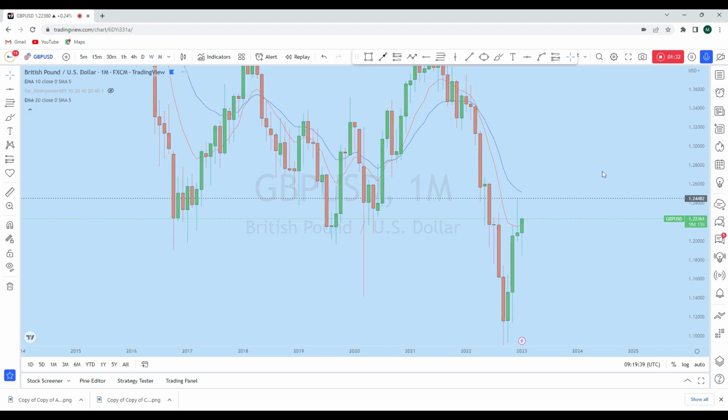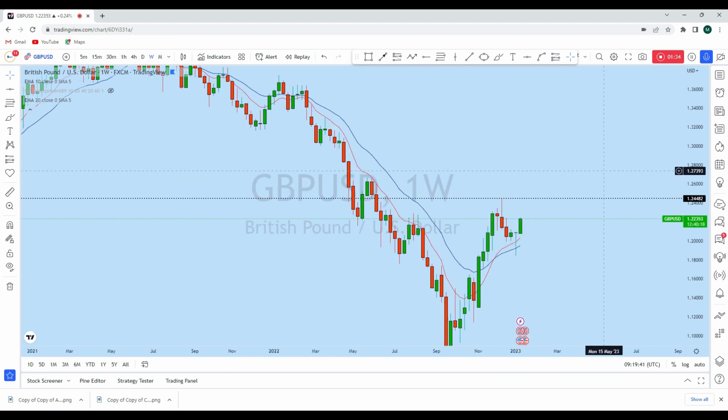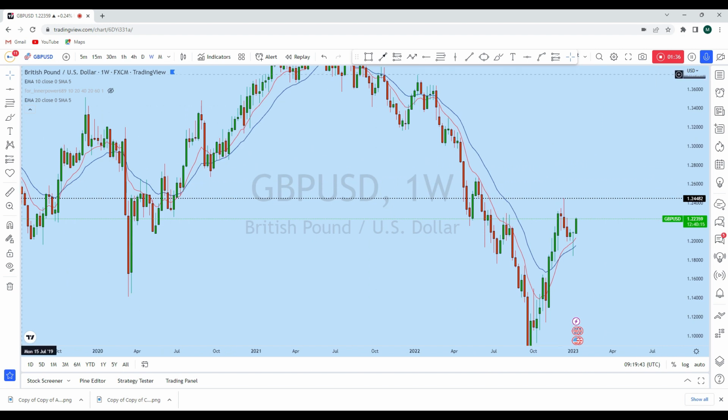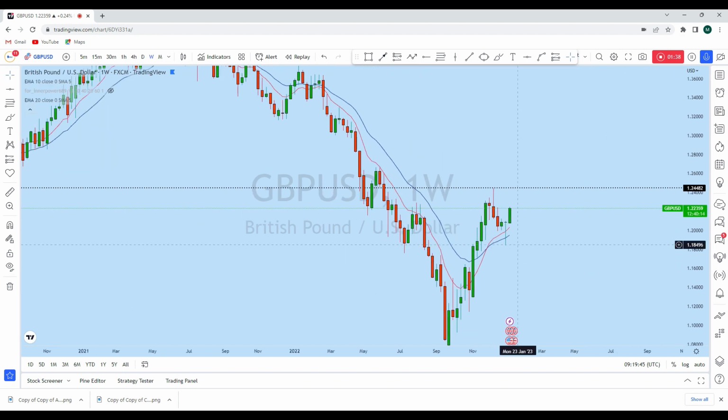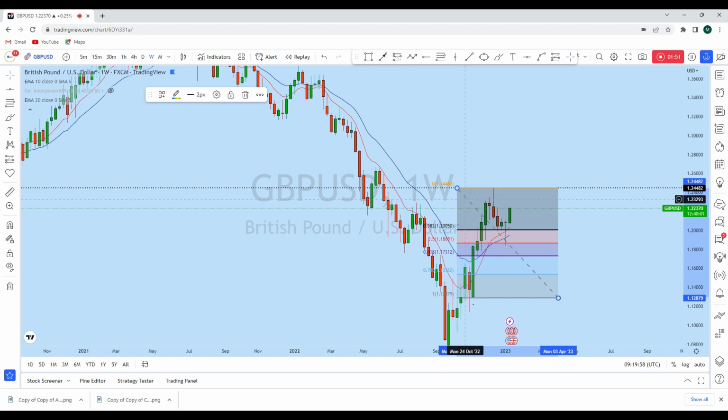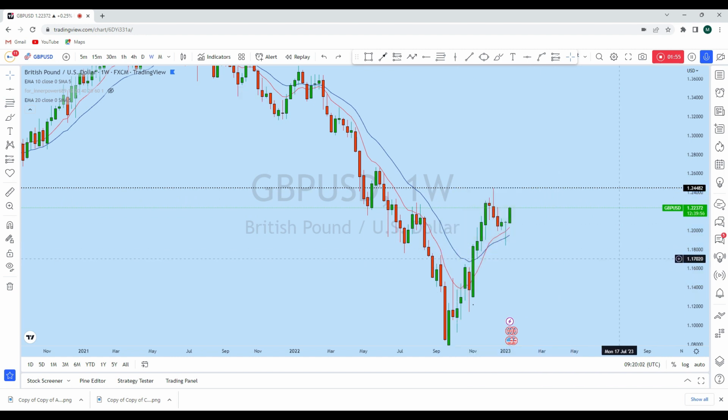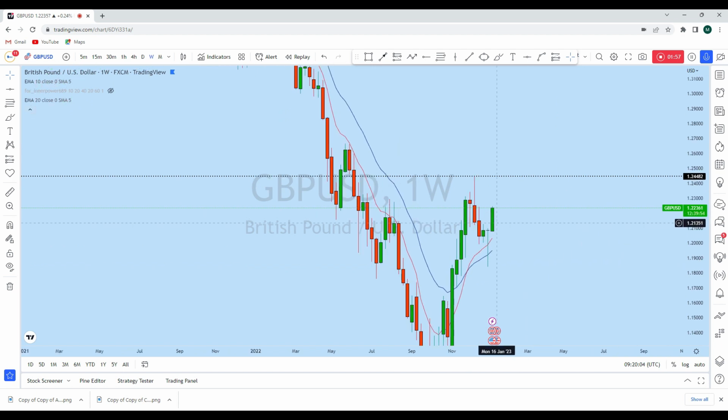So let's look at the weekly perspective to see how the price action is doing. From the weekly perspective, after the previous weekly doji, which is in fact a strong rejection from this lower price, we have seen GBPUSD start to push up. If we take our Fibonacci from the weekly perspective, we see that the price has come to the 50% Fibonacci level, which is satisfactory from the Fibonacci retracement perspective.